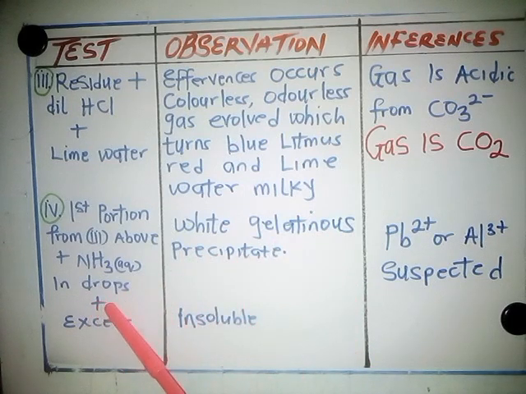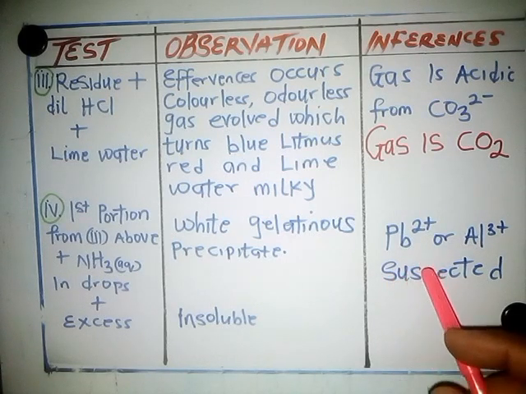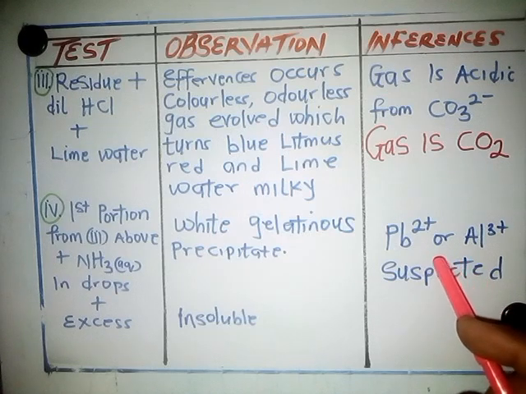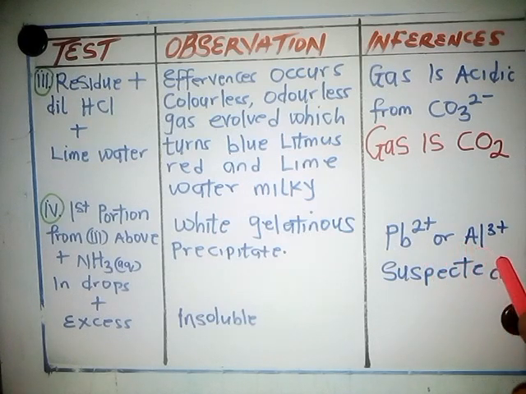Then when you add excess aqueous ammonia, the precipitate remains insoluble. You can say insoluble or precipitate remains insoluble. So the inference here is that the cations are lead, Pb2+, or Al3+ suspected.